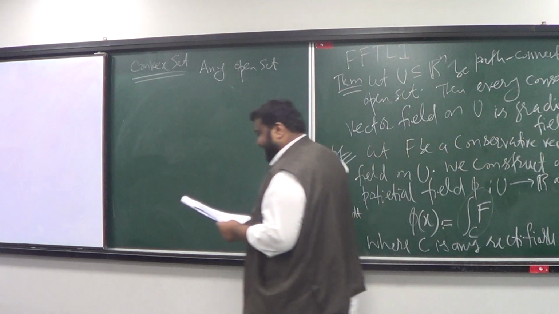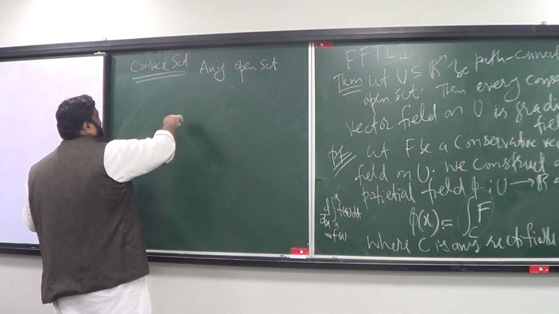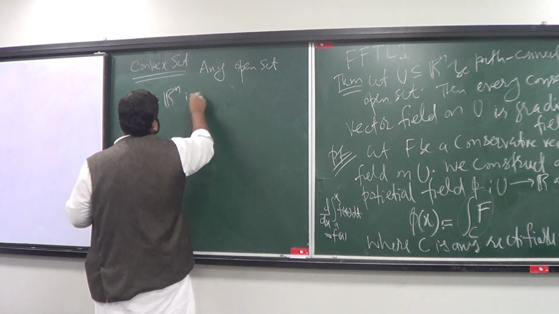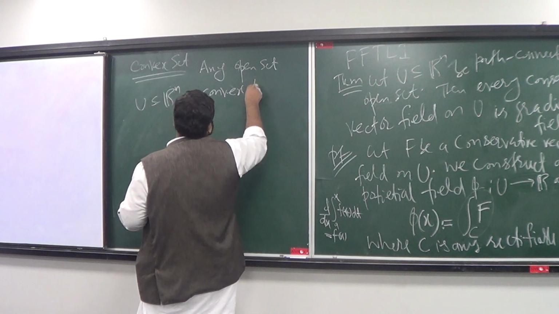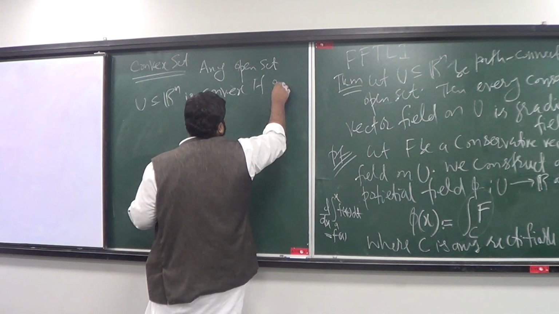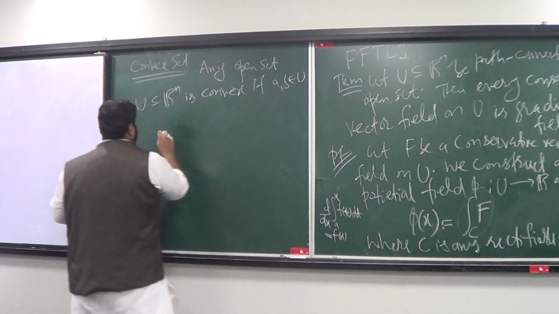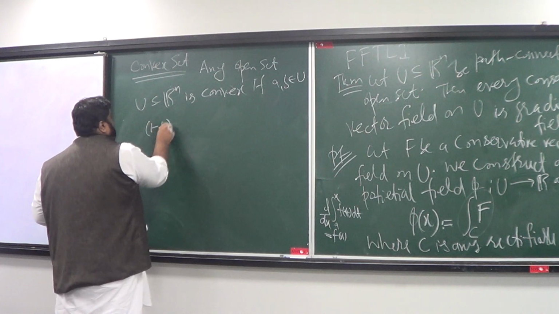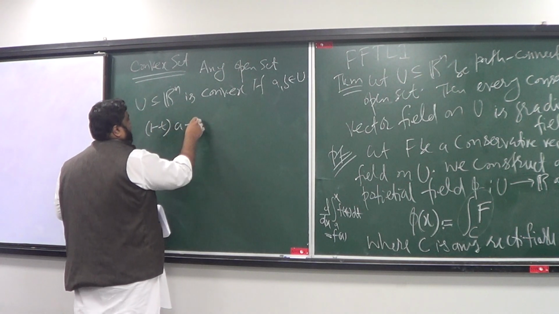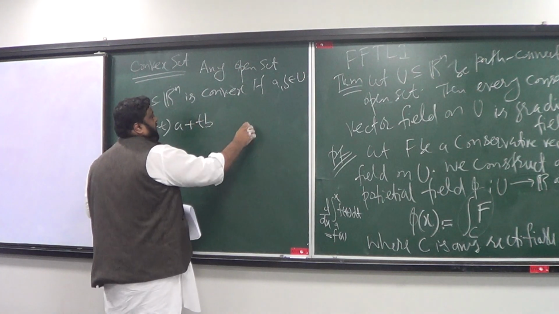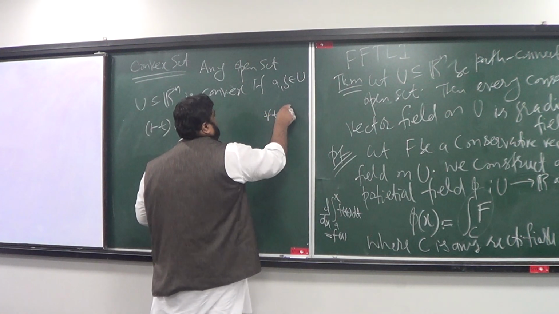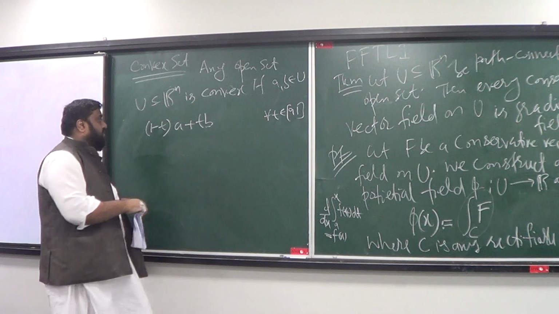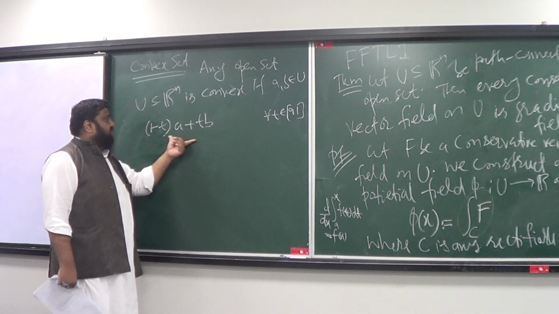That is something. Okay, so any open set U in Rn is convex if you take two points a and b from U and you join them through a line, so (1 minus t)a plus tb for all t between 0 and 1. That's a convex combination, a way to join a and b.